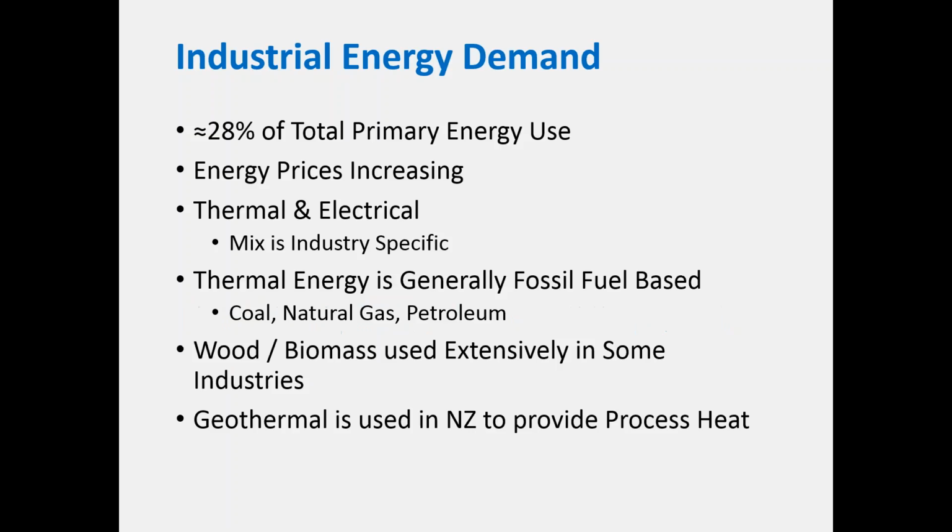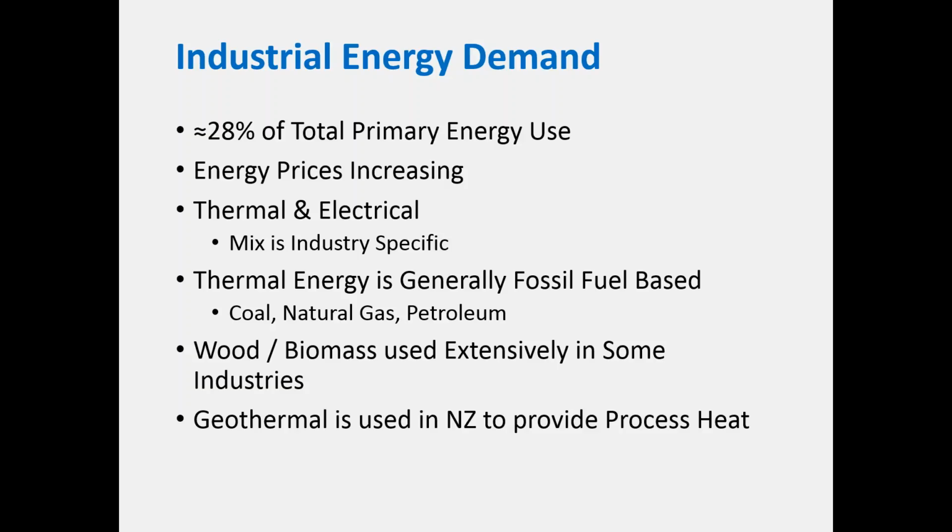Okay, so what is process heat? Typically industrial energy use is around 30%, or about a third, of a country's total energy use, and that's fairly typical depending on which country you're in. It does vary a little bit, but in New Zealand about 30% of our total energy is used by industry.